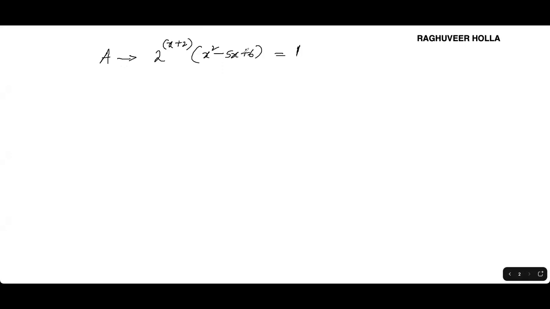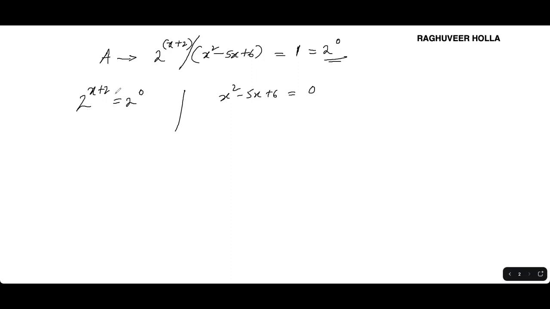Now I can write 1 as 2 to the power of 0, so I can compare. That is 2 to the power of x plus 2 is 2 to the power of 0, and x square minus 5x plus 6 is a quadratic equation equated to 0.